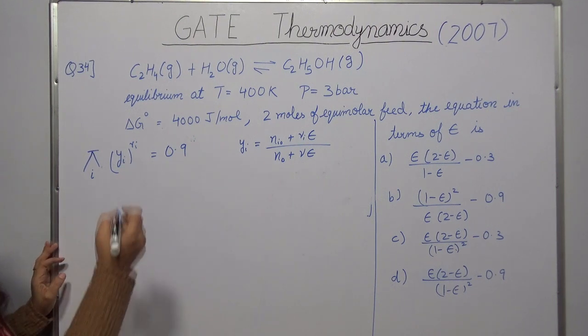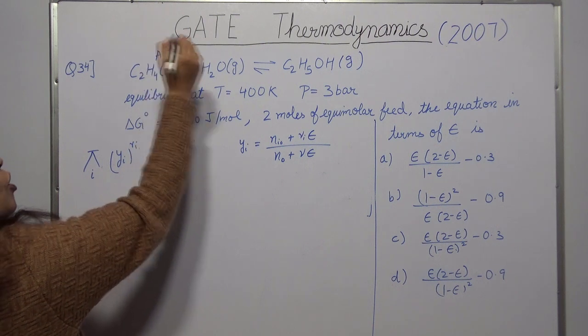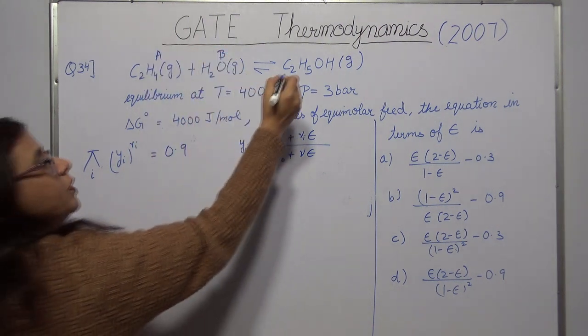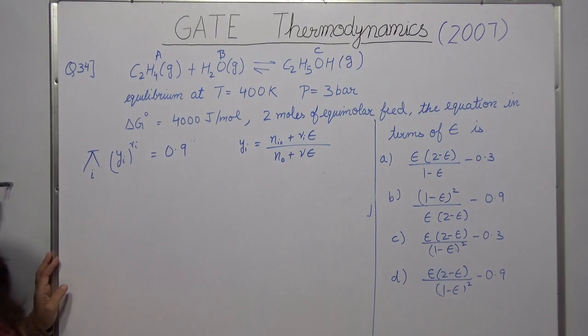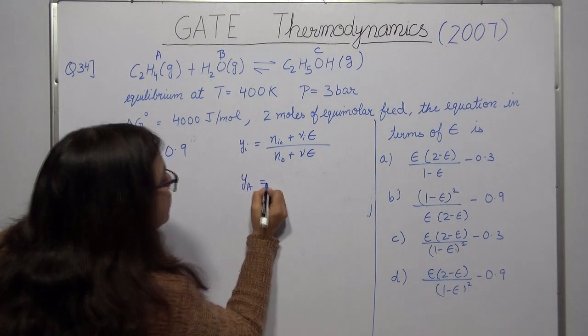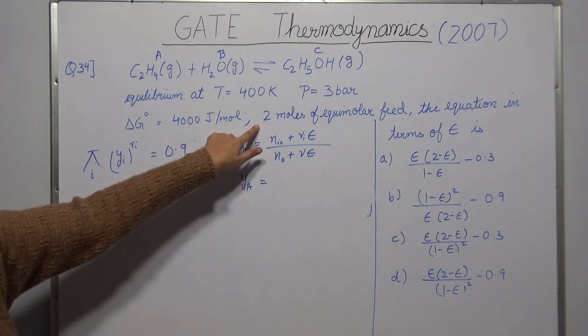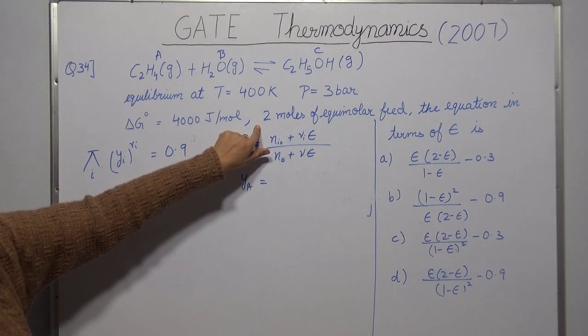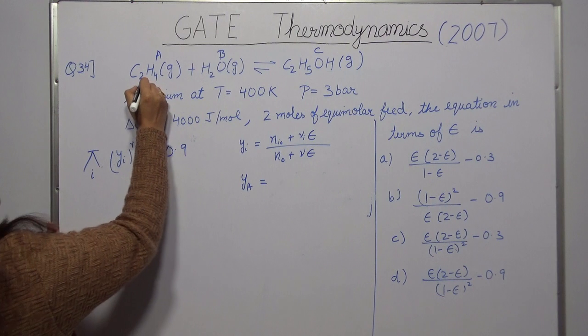Now for simplicity, I am going to say that this is my component A, this is my component B, and this is my component C. So I can write Ya, that is equal to, now they have given that there is 1 mole of C2H4, write it down.